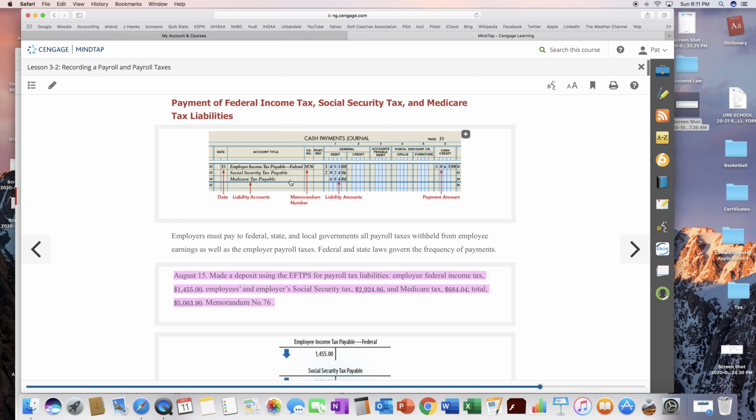These numbers are usually given to you in our instructions, and they work together in here. They give us these numbers. We take them, we put them down. The debits have to equal the cash credit. Often we're doing the memo for this one. So memorandum 76, even though it's a cash credit.